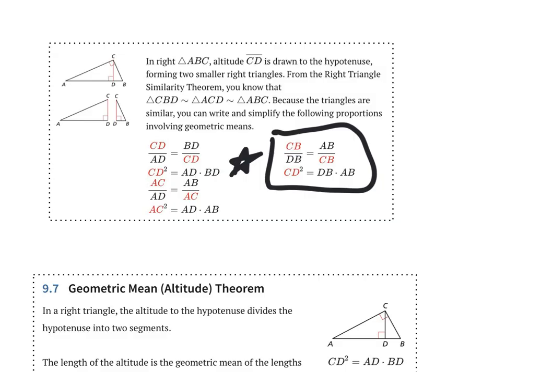And when I do this, the altitude breaks the hypotenuse up. Okay, so we're going to take the two parts of the hypotenuse, dB goes to the altitude, sorry, I should say altitude, not the hypotenuse, as the altitude goes to dA.